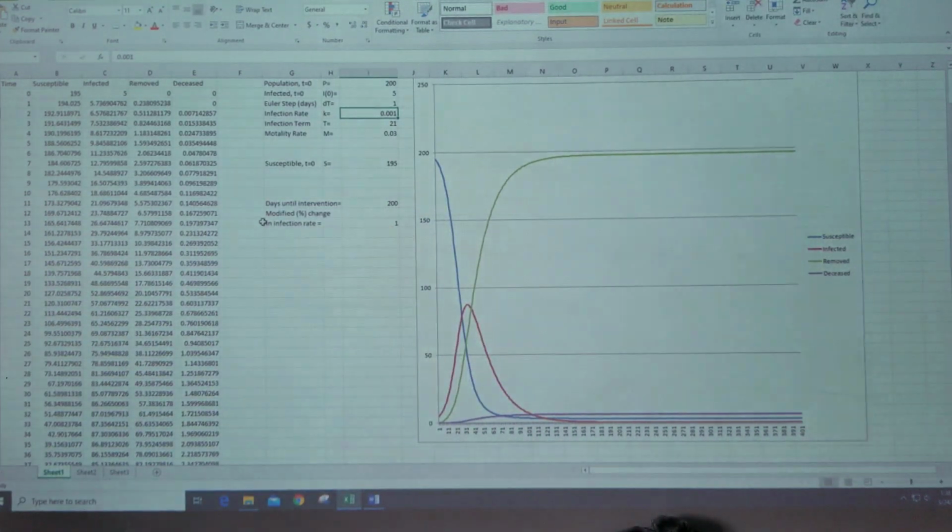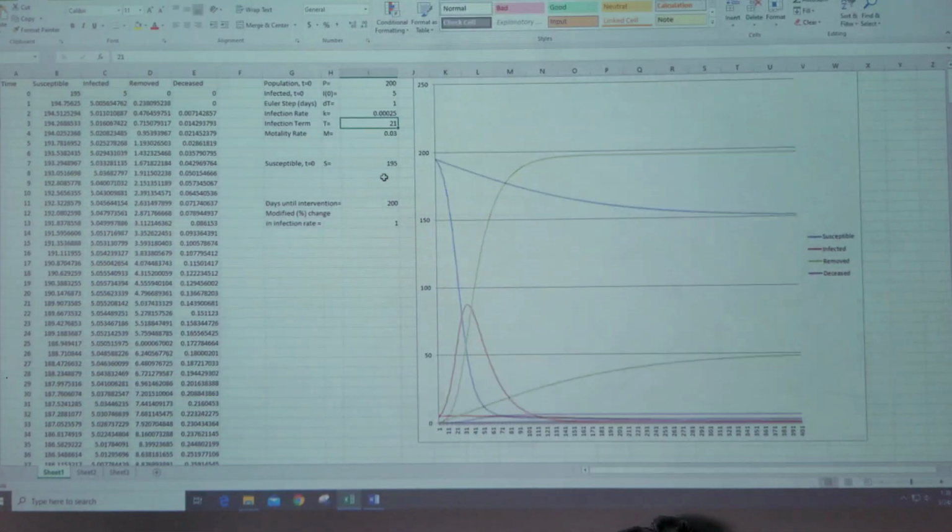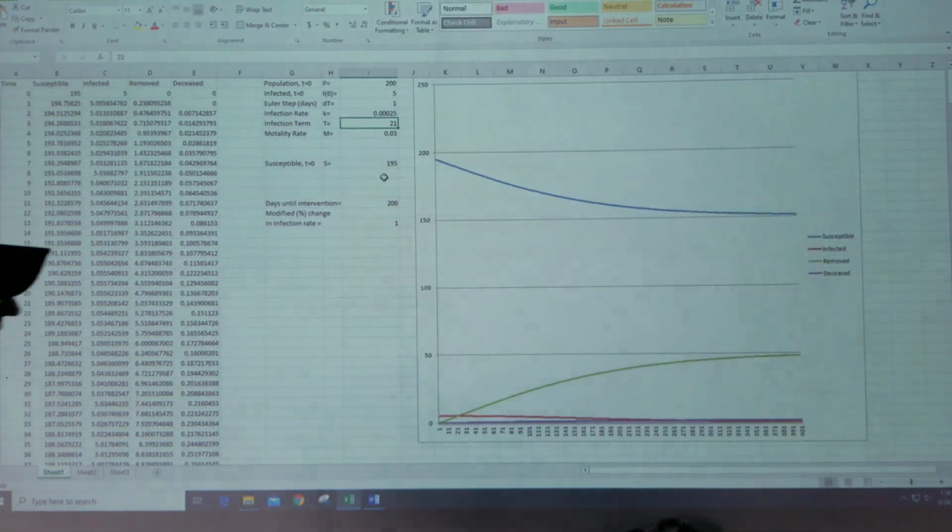So I'm going to take this rate and try to cut it so that it's 25%, or 1/4 as large as the original one. And look at that.